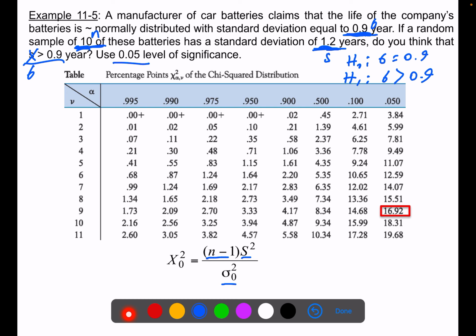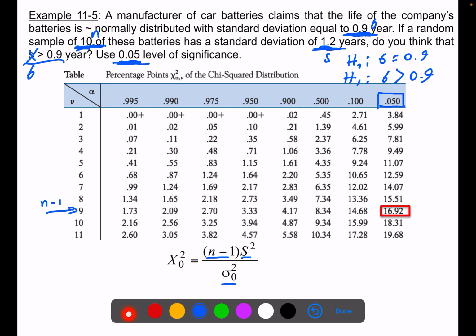We can look at the table for the significance level of 0.05. Since it's one-sided, and actually for the chi-square we never divide by 2, we have to look at 0.05. We have n equal to 10, so I have to look at n minus 1 equal to 9.